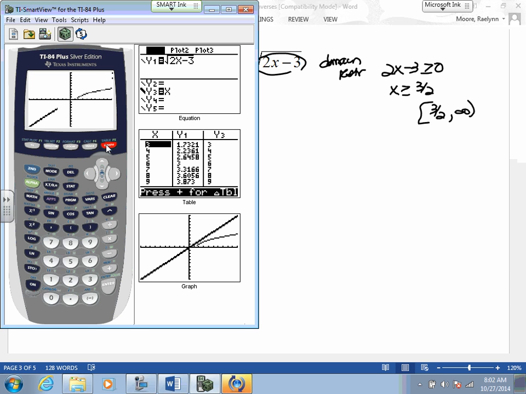So there's your domain. Just ignore the y equals x. When we do a calc value, and we started it at 3/2, there's your value at 0. So your 0 right there, there's your starting point for this graph. So we know our range, and we know our domain. Now, let's put your inverse in, and see what happens here.